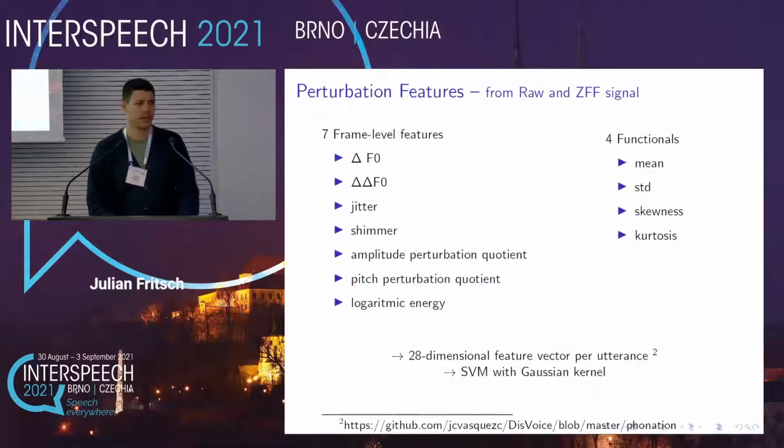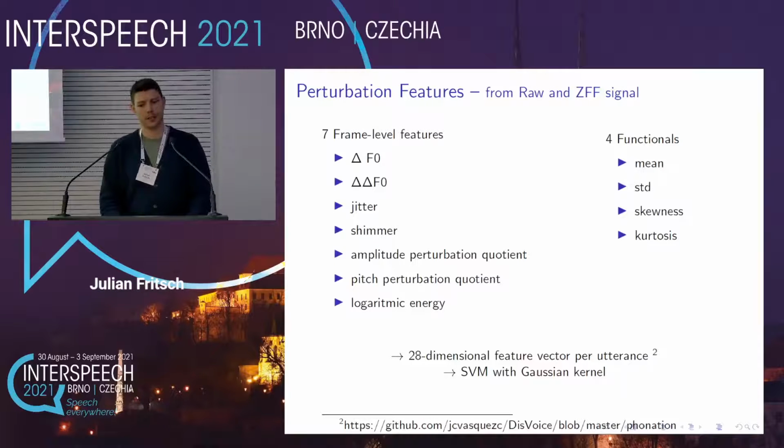That ends up being a 28-dimensional feature vector per utterance, which we later will plug into a support vector machine with a Gaussian kernel. The feature extraction is available on GitHub. You can see the link on the bottom, but it's also in the paper.